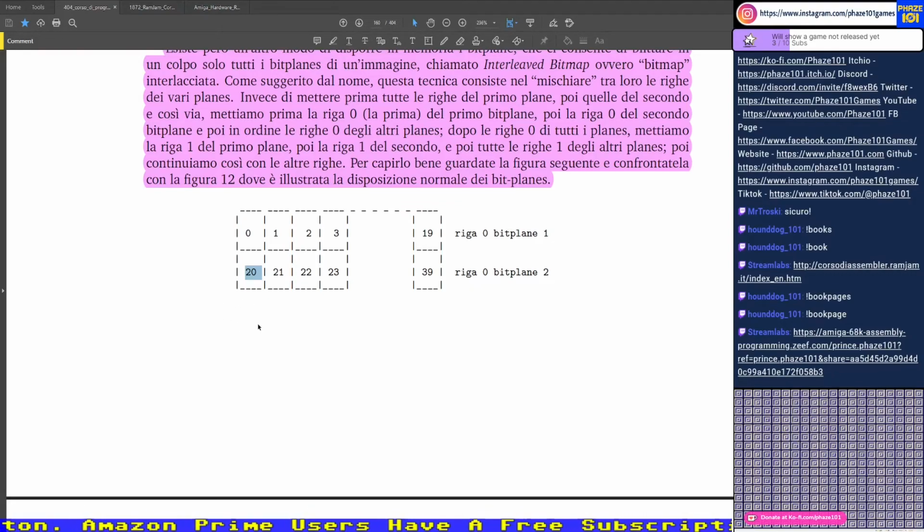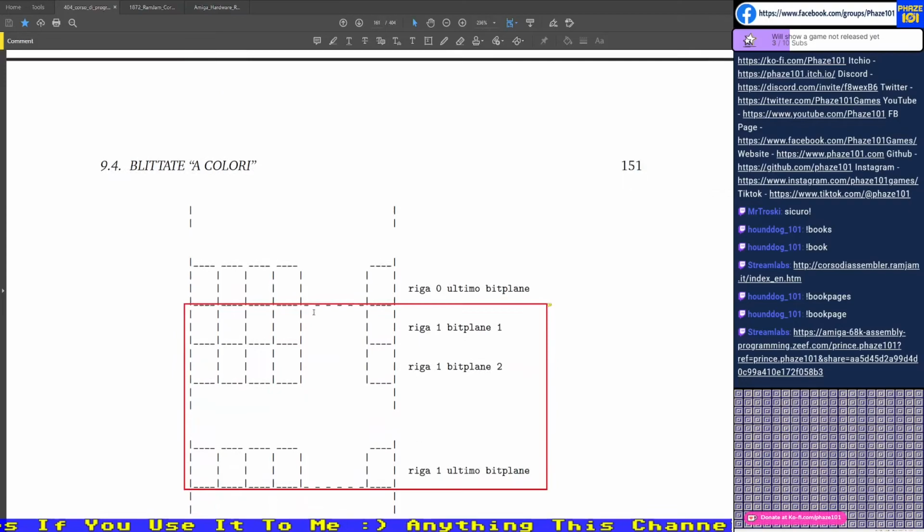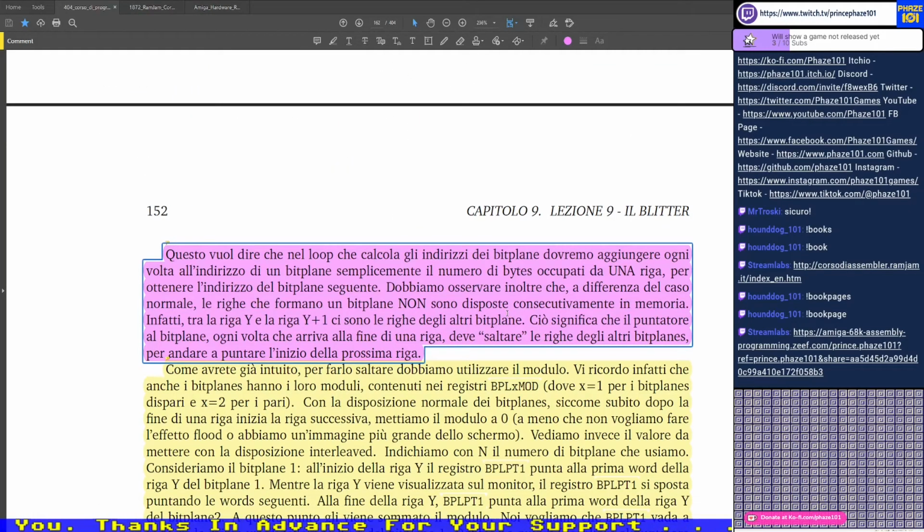So the pointer where line 0 of the bit plane starts is that. That's the first thing. This means he's going to use the y variable.